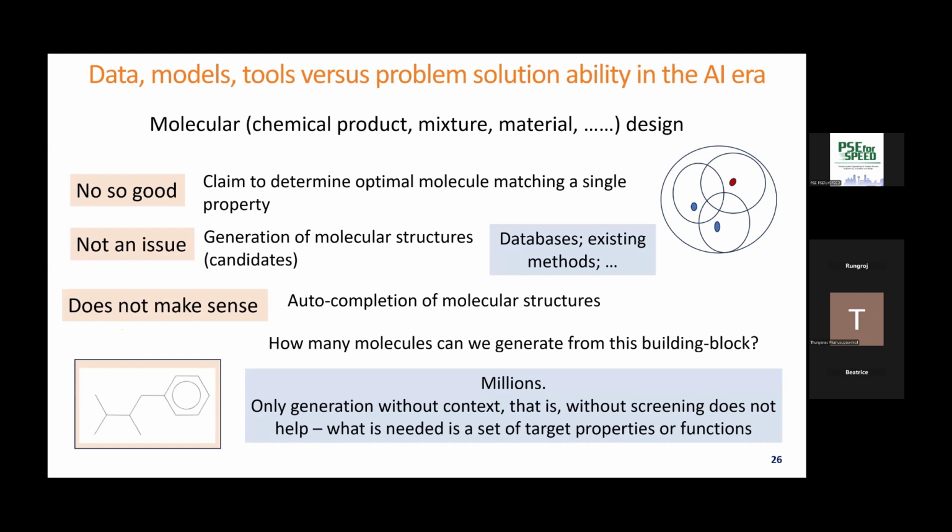So claiming that they have the optimal solution with one product, it actually also is a waste of time. But here, the generation of alternatives is not a problem. As I said, there are more than 100 million structures already available in these databases. What is needed is the correct formulation of the problem and the accurate prediction of the properties.